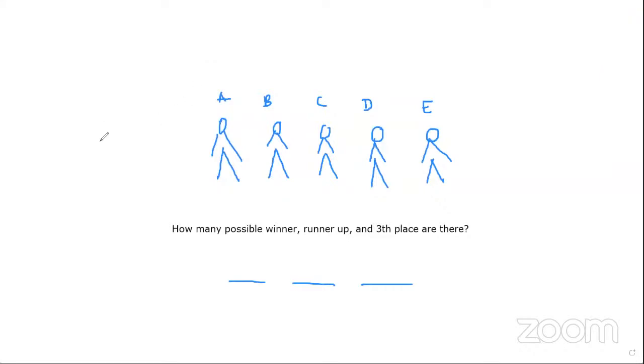Here there are 5 possibilities, here there are 4 possibilities, and here there are 3 possibilities.